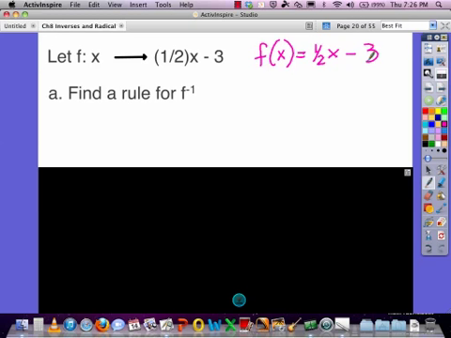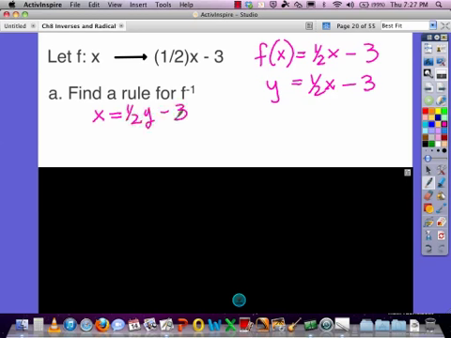If we were graphing that, though, remember f of x always means y. All right, so if that's the case now, and it says find a rule for the inverse of f, that's definitely where we want to switch it and put the y in. So if we're looking at y equals 1/2 x minus 3 as our original equation, then when we write the inverse, we're going to do our immediate definition, which says flip-flop x and y, so it would read x equals 1/2 y subtract 3.